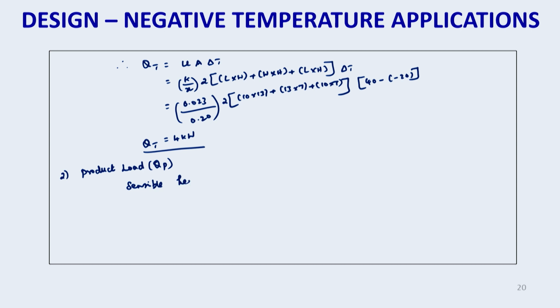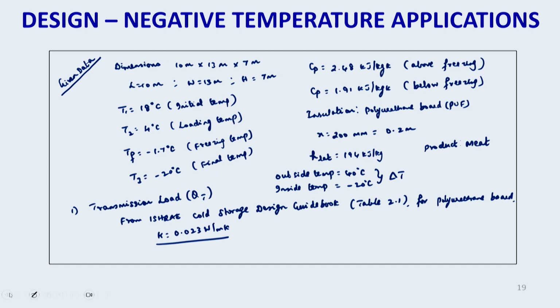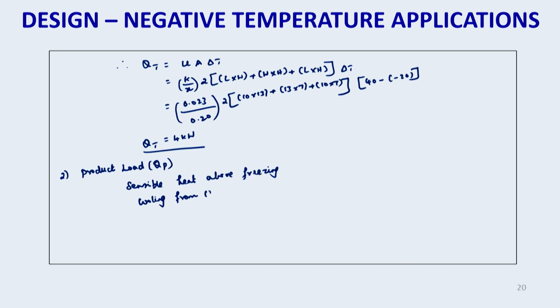Sensible heat above freezing, that is cooling the product from T1 to T2, from 18 degrees centigrade to 4 degrees centigrade.